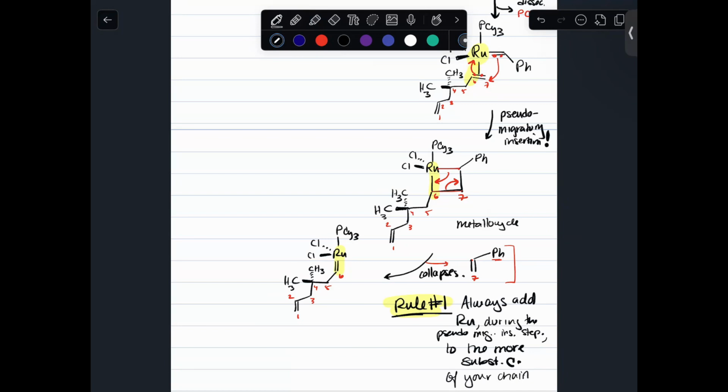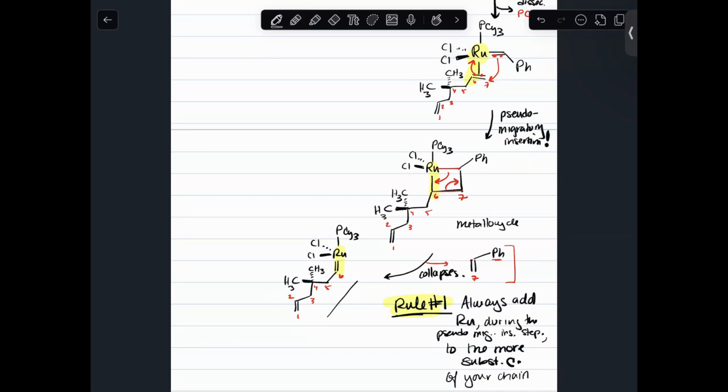The reason for that is that ruthenium is now part of your chain. And because now it's part of your chain, it can keep going and start reacting with the other double bond. So what you're trying to do in your first step is to include ruthenium as part of your chain so it can keep moving on. Okay, so that's rule number 1.